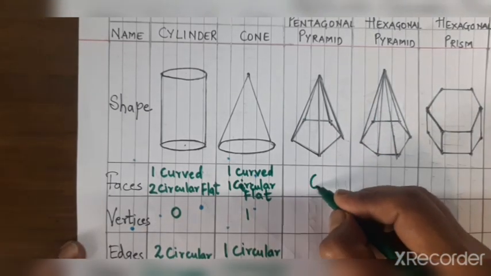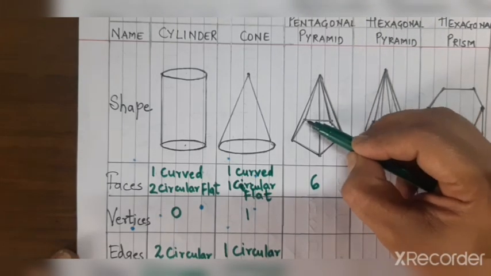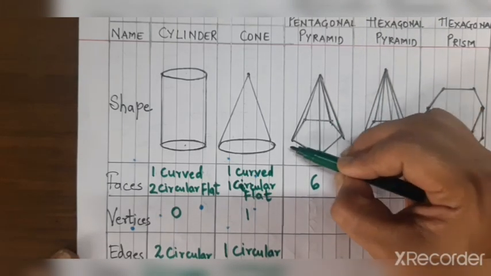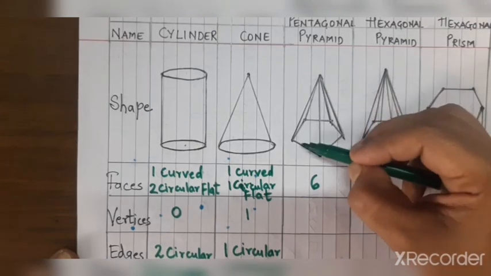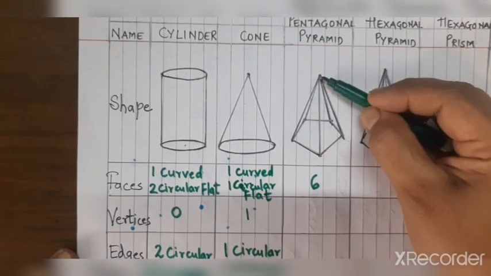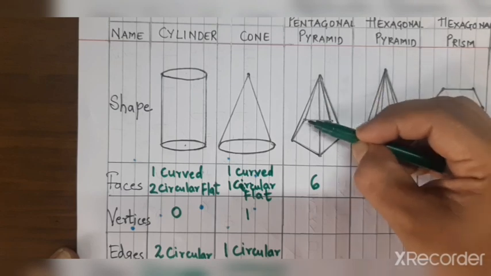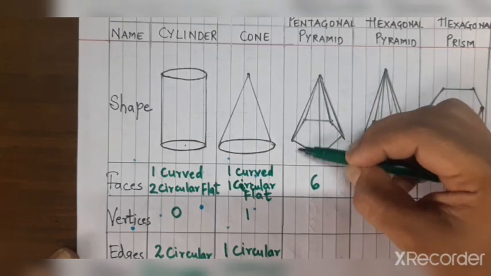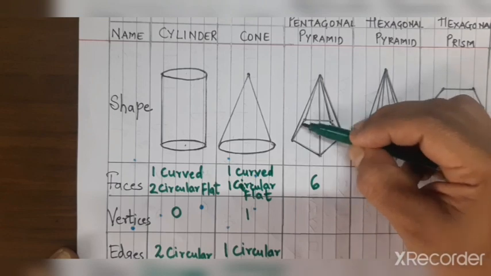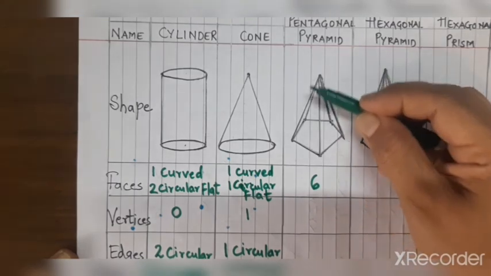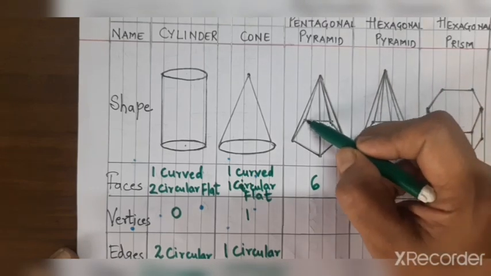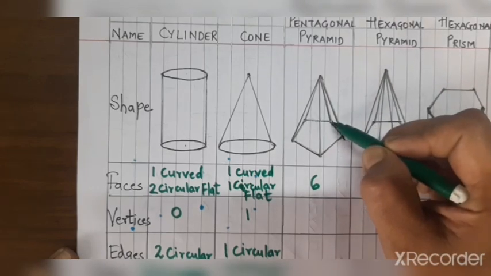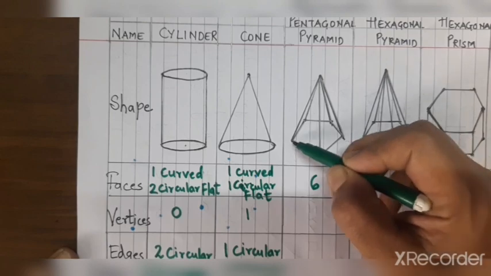So altogether 6 faces. Since there are 5 lines at the bottom, these 5 lines will rise up as 5 faces. Okay, so 1, 2, 3, 4, 5.